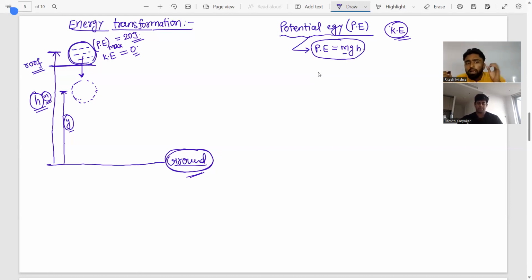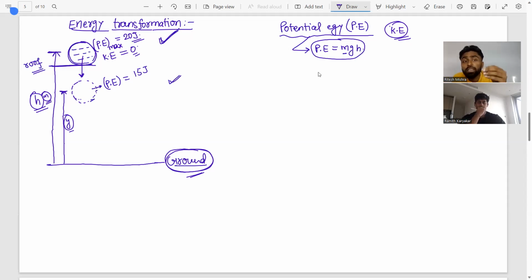But here the distance is less, so this body has lesser potential energy at this position because the height is less. Let us assume the potential energy at this position is 15 joule, while at the top it was 20 joule.